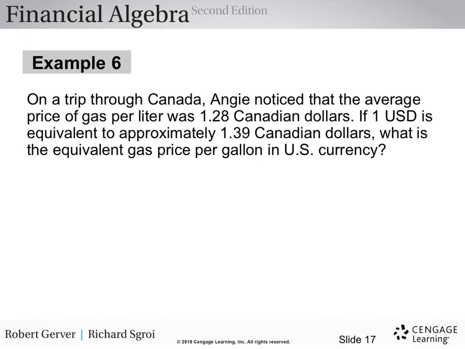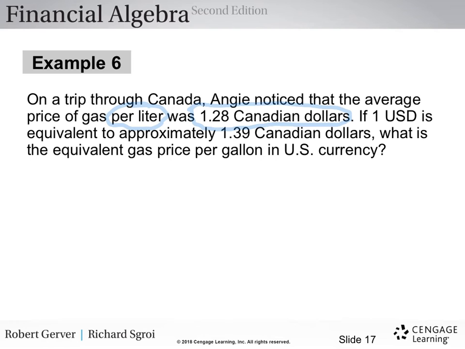All right, here's example 6. On a trip through Canada, Angie noticed that the average price of gasoline per liter, now this is the price of gasoline per liter, remember Canada is on the metric system, was 1.28 Canadian dollars, okay? So if you stop at a gas station, it would say 1.28.